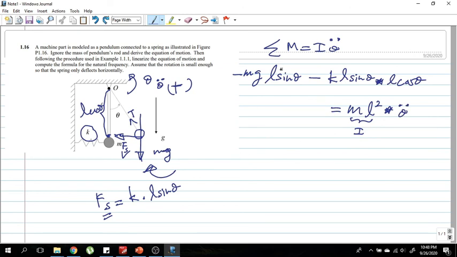So L is common, we can remove one L from both sides, and we get theta double dot equals, here you have minus mg sine theta plus kl sine theta cos theta.